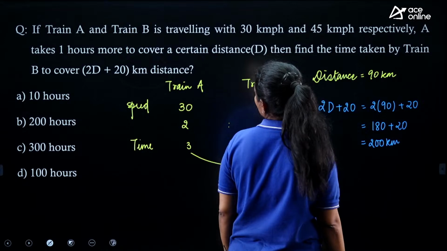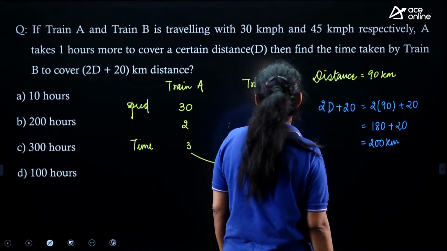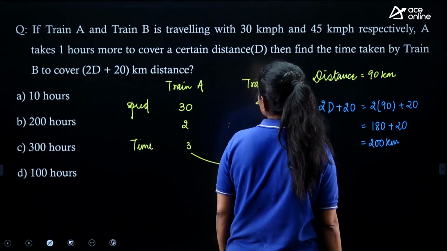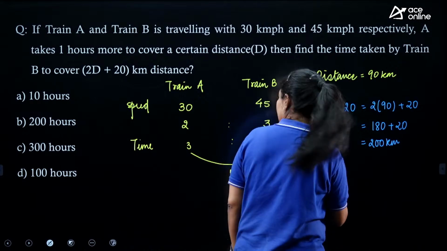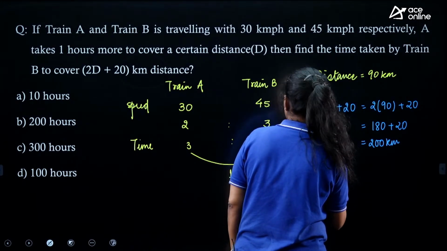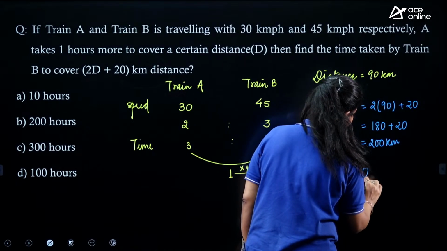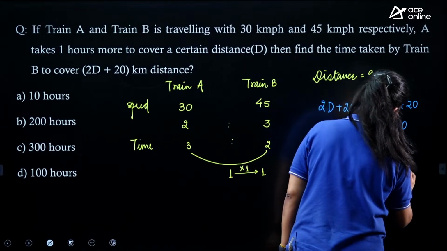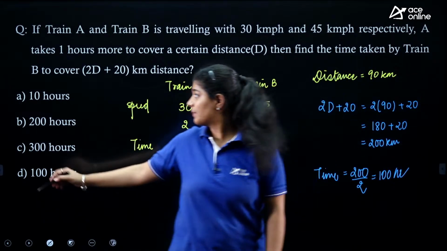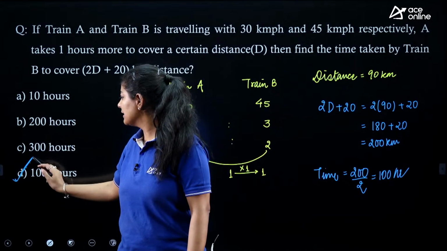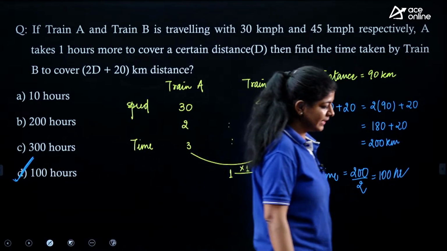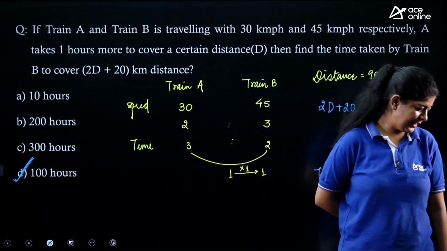So here we need to find out the time. So time is nothing but 200 by 2, that is nothing but 100 hours. Option number D is the correct one, right?